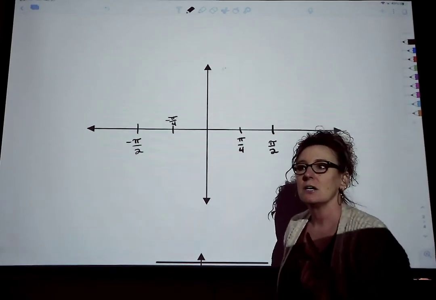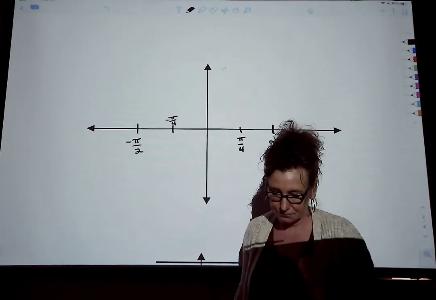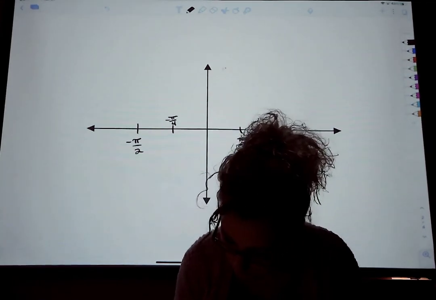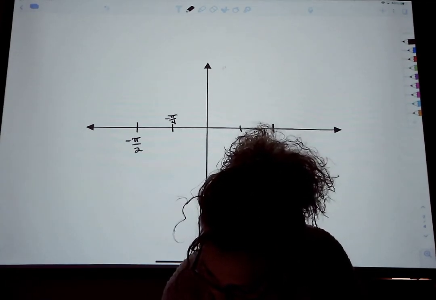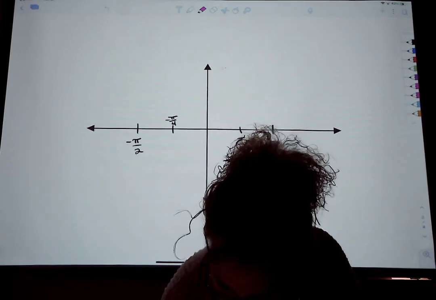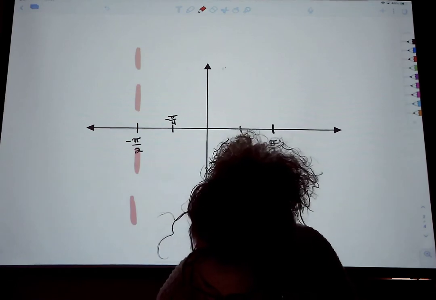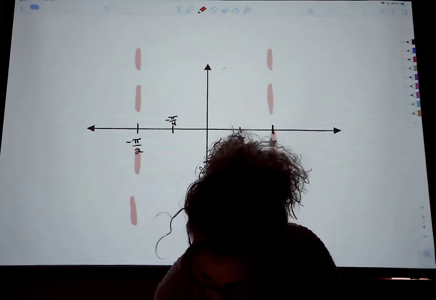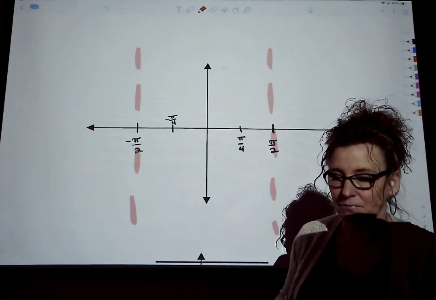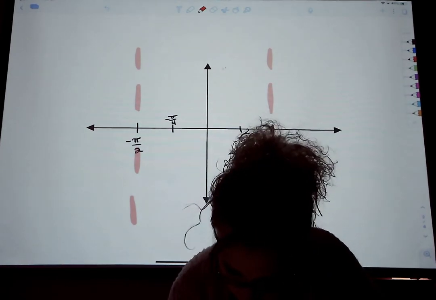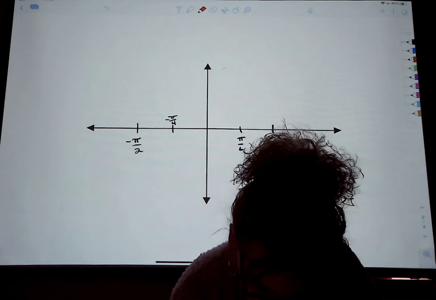Okay, shift it. We need to shift it right pi over 4. So you know how we would have had asymptotes here and here? We would have had, I drew them lightly, we got to shift them over. Hang on.